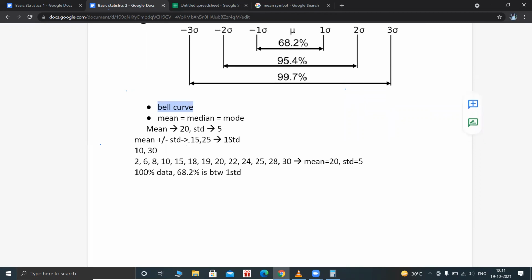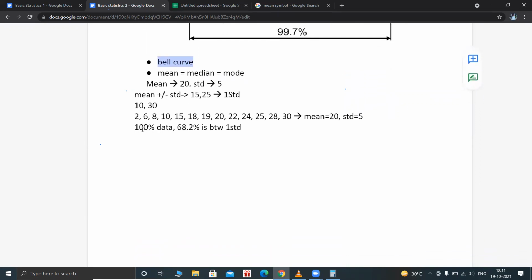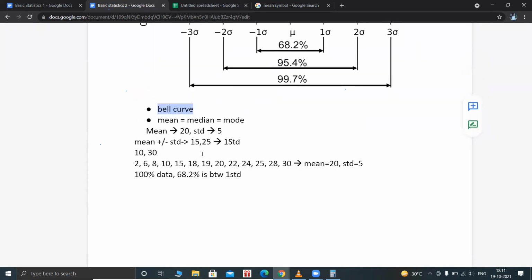What is an example? This is basically just an example. These are my data points, and the mean is 20 and the standard deviation is 5.